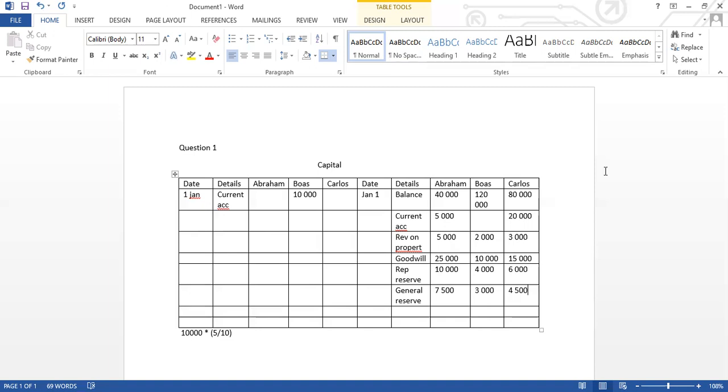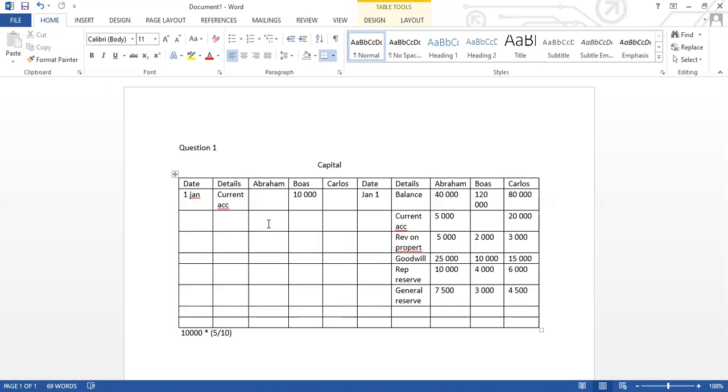So the general reserve, first we write them off. All the reserves, we write them off because the retiring partner needs to benefit from those reserves, and then again we write them back. In other words, they need to appear in the new books of the partnership.